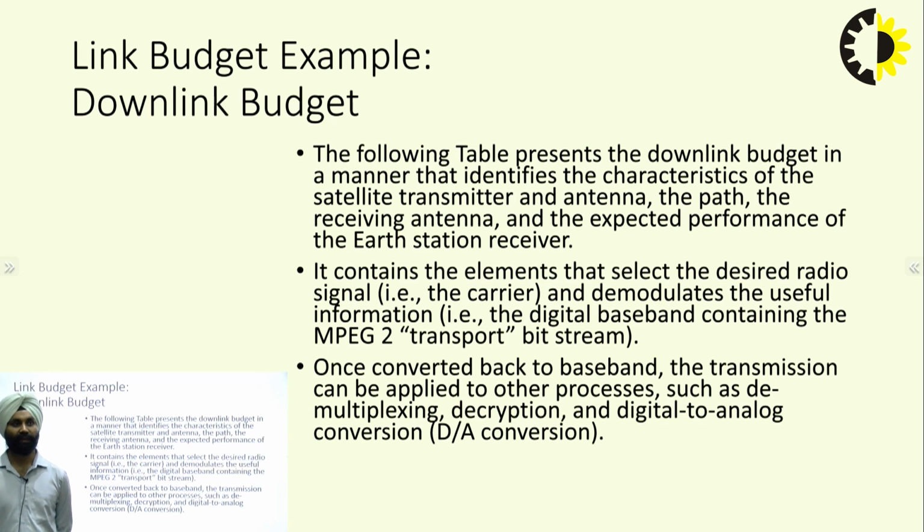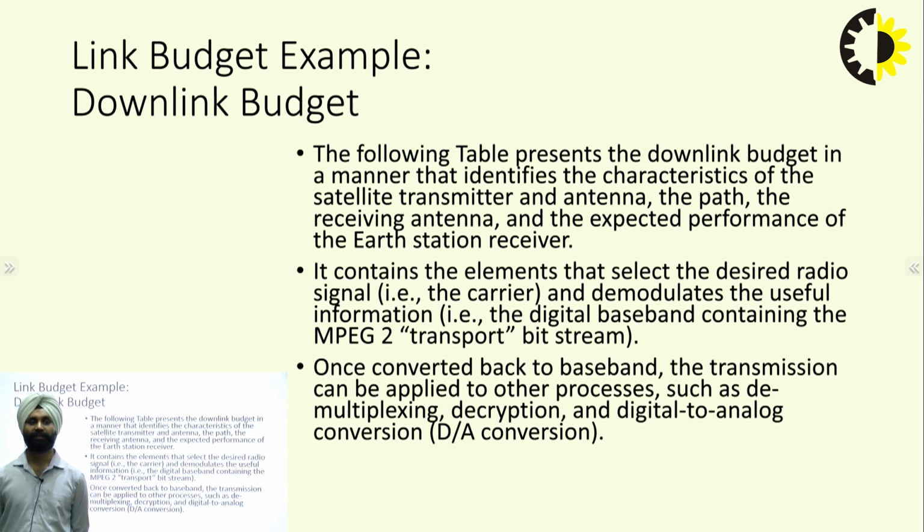So if we look at the downlink budget, the following table represents an example of a link budget. The budget is laid out in a manner that identifies the characteristics of the satellite transmitter and antenna, the path, the receiving antenna, and the expected performance of the earth station receiver.